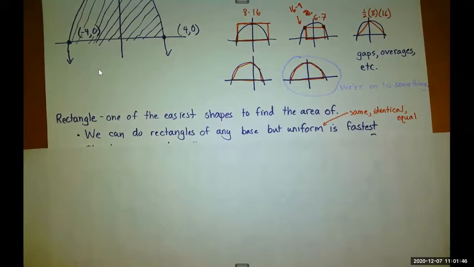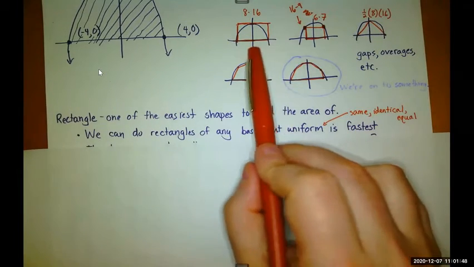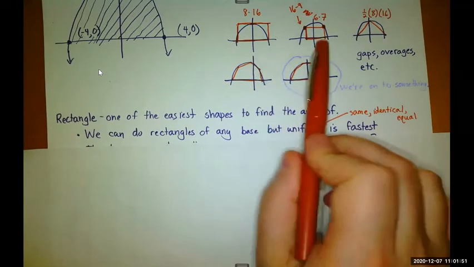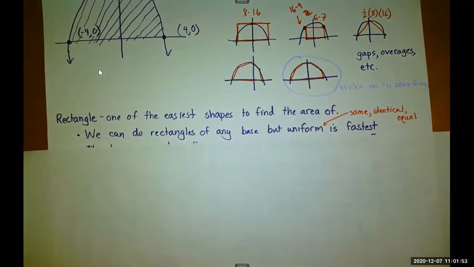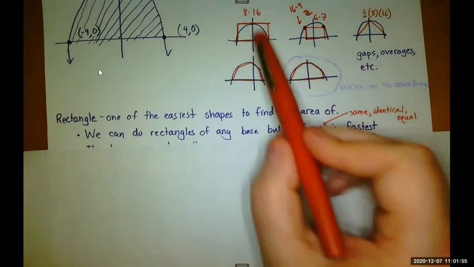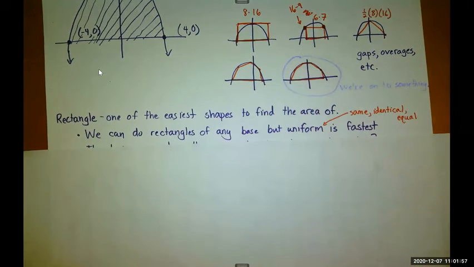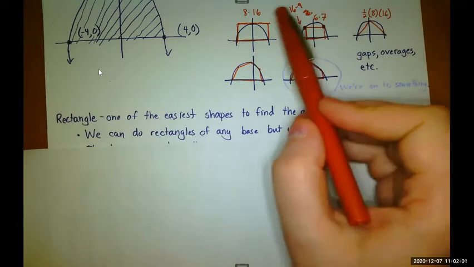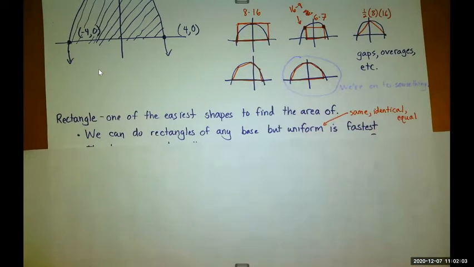Okay. So what we're going to do is we're going to take this idea here for that first and second estimation that I did, and we're going to draw more rectangles. So instead of doing one rectangle, we're going to do several rectangles. So think about what would happen if instead of one, I did 2, or 3, or 4, or 5, or 6, or 7.